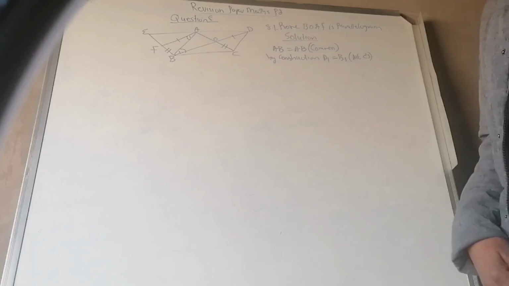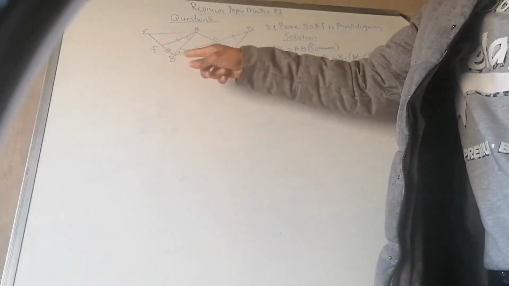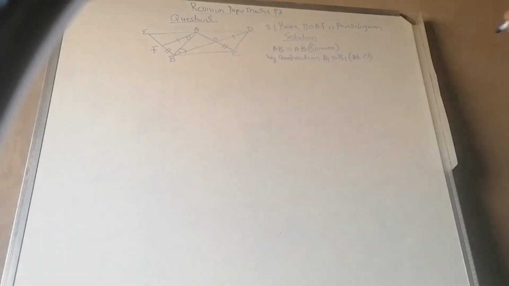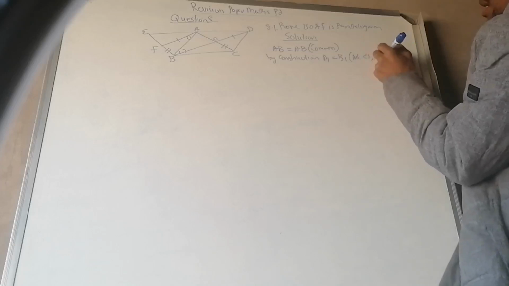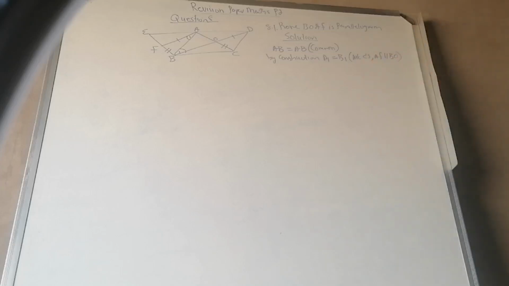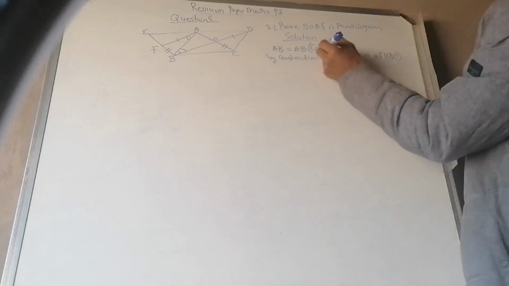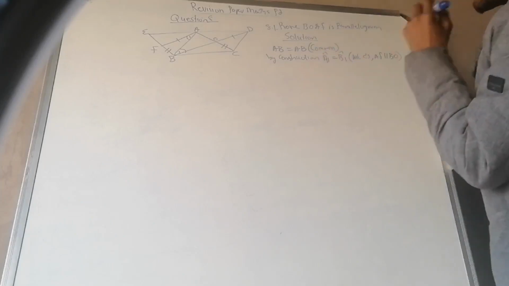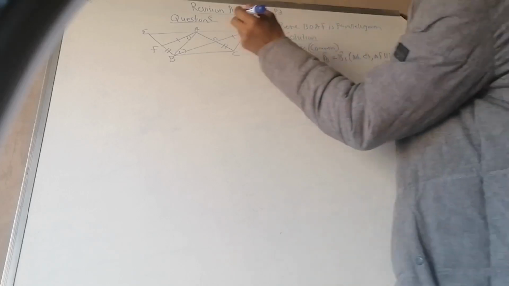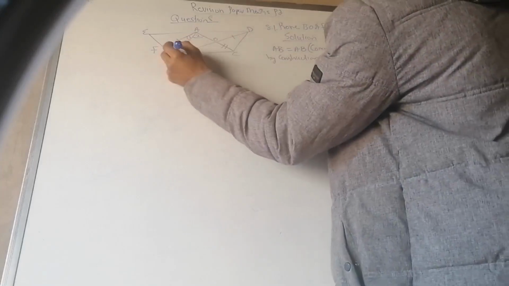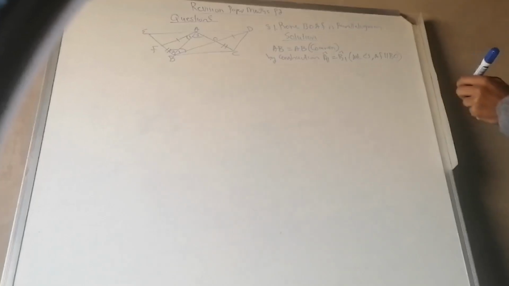I know that if it is a parallelogram, AF is parallel to BO. If those are alternating angles, I know that A2 equals B2.